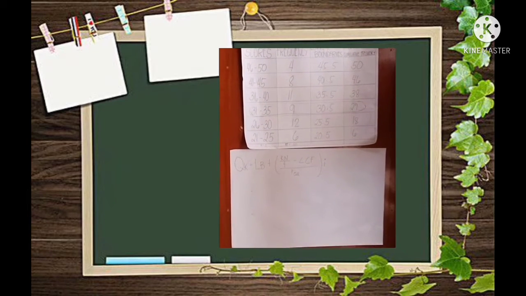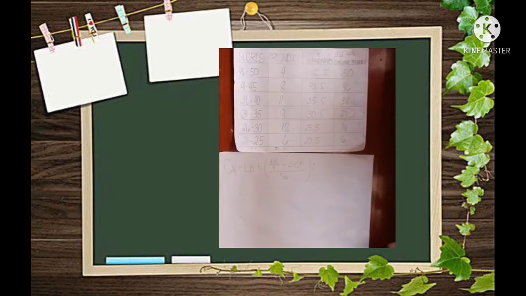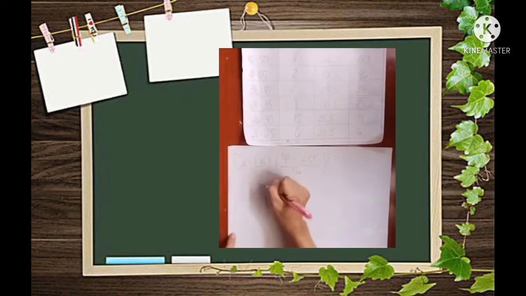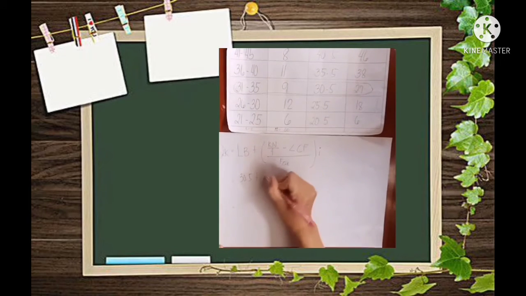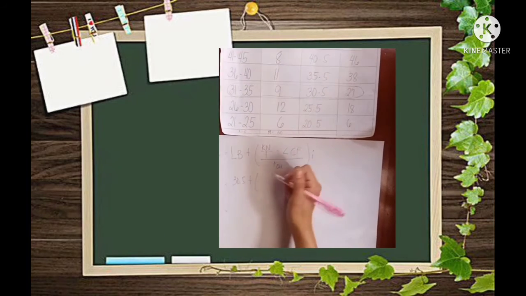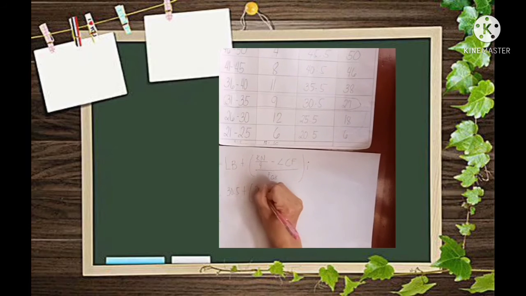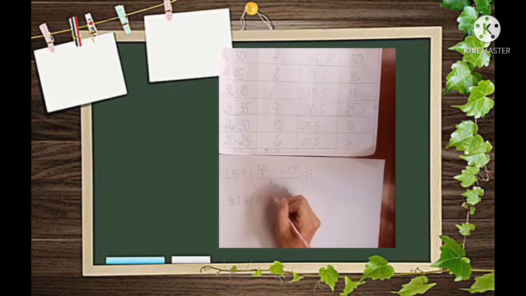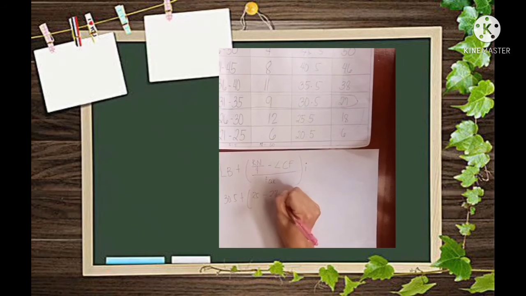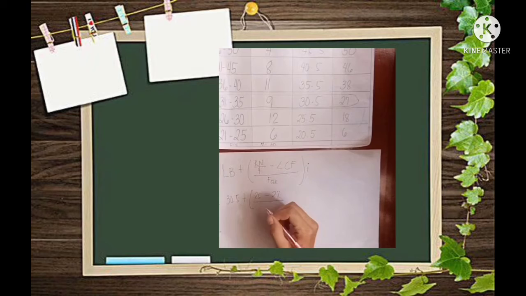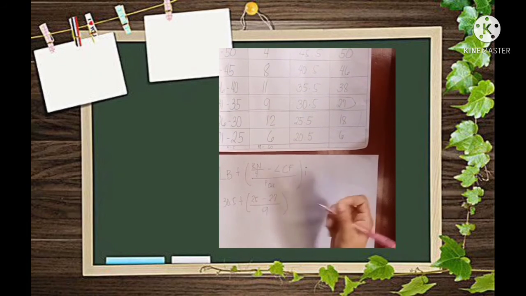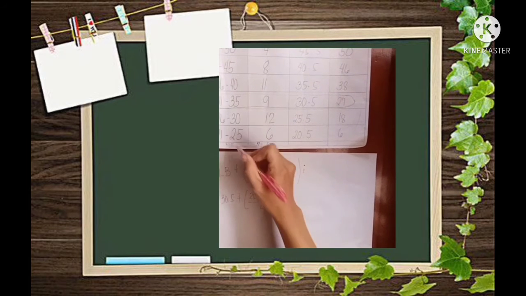So, let's substitute in the formula, where the lower boundary is equal to 30.5 plus parentheses, where kN over 4 for the Qk class is equal to 25 minus the cumulative frequency, that is 27, over f, which is 9, times i, which is 5.